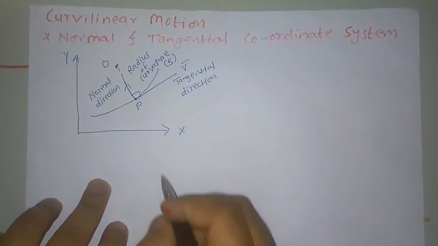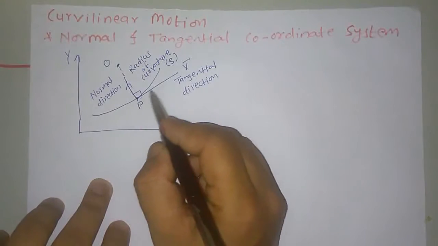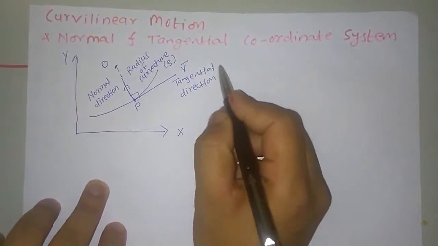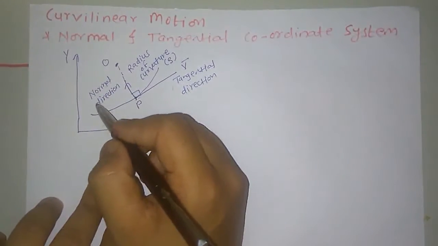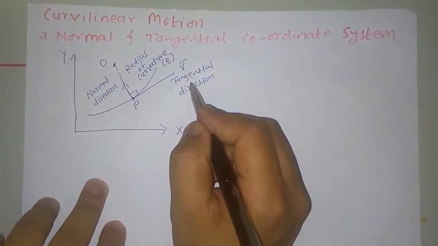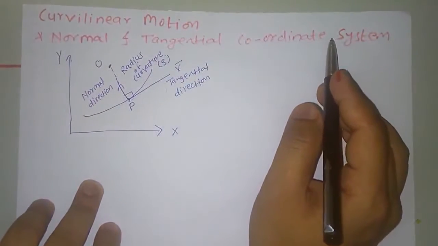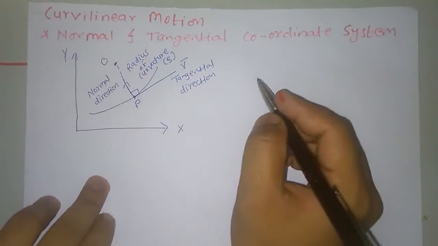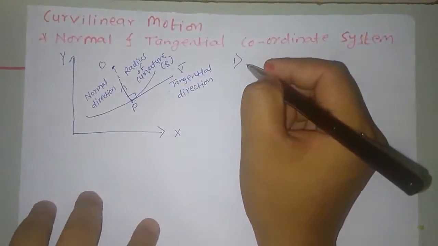Now if the motion of the particle is described with these two directions, the first tangential and the second normal, then this coordinate system is called the normal and tangential coordinate system.